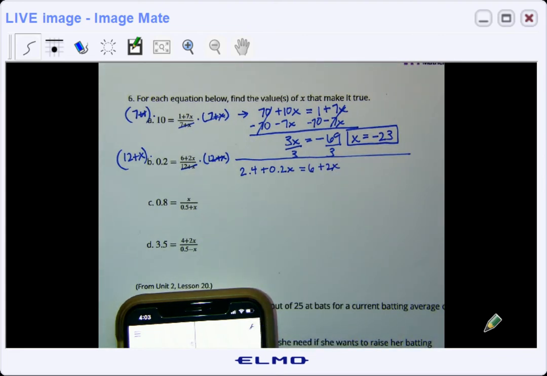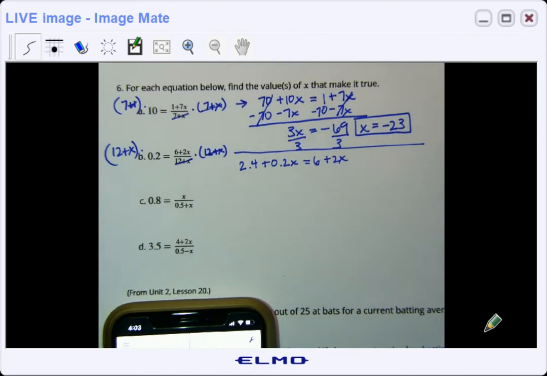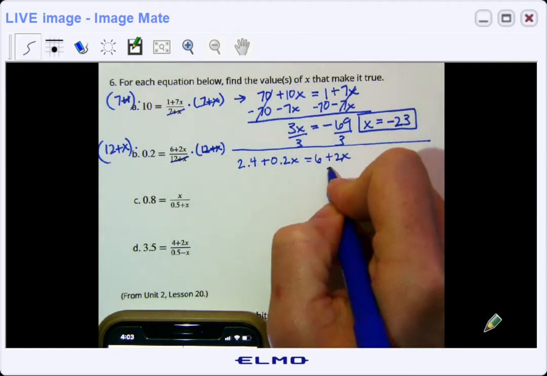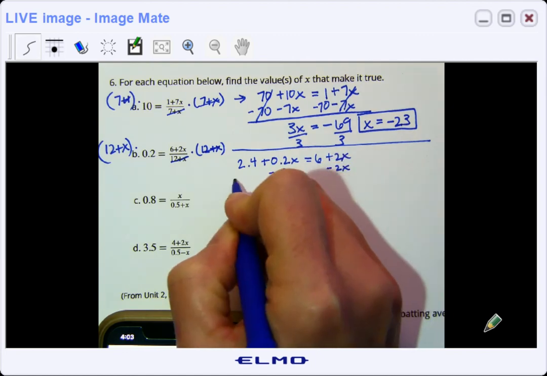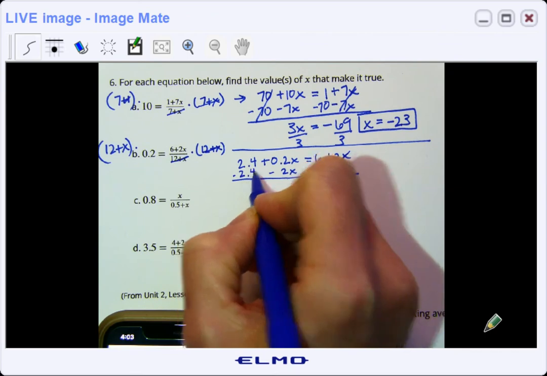Okay, now we're going to follow the same process. Move the x terms to the left side of the equation, the constants to the right side. And so I'm going to subtract the 2x from both sides, and then subtract the 2.4 from both sides.